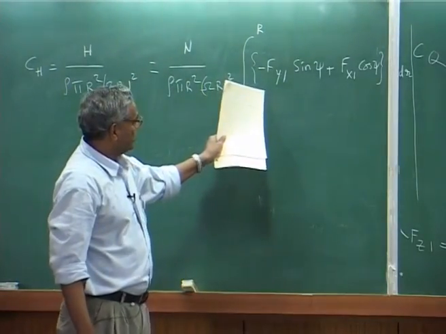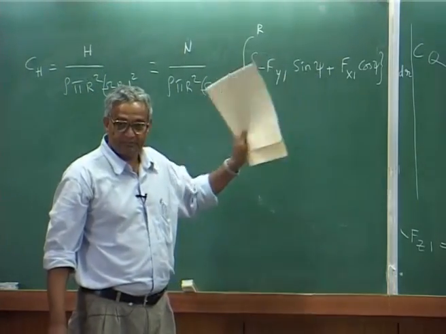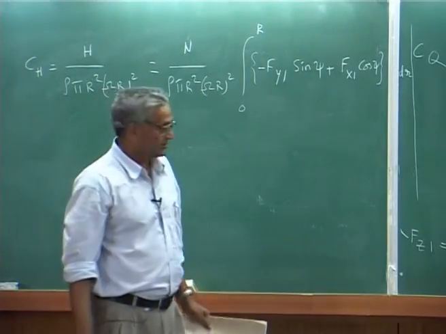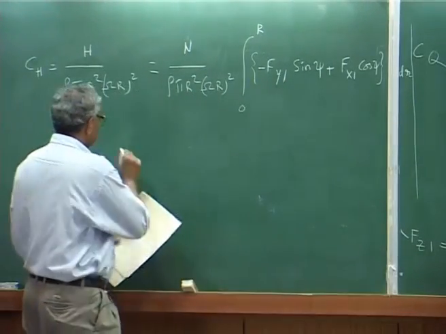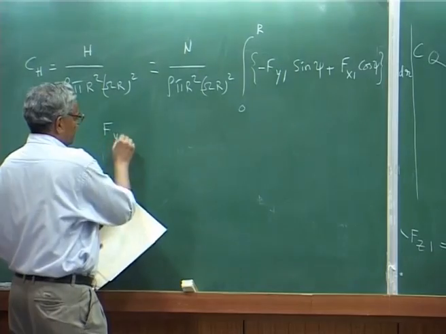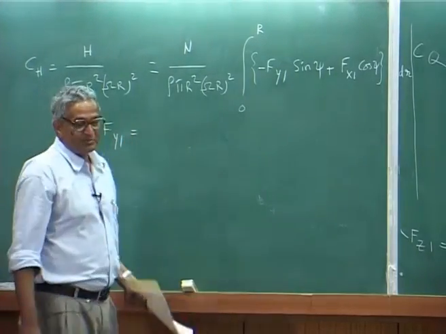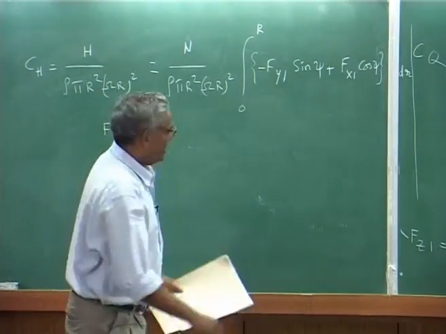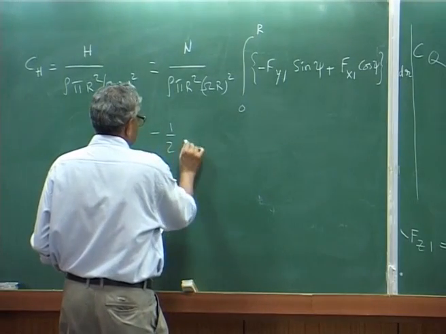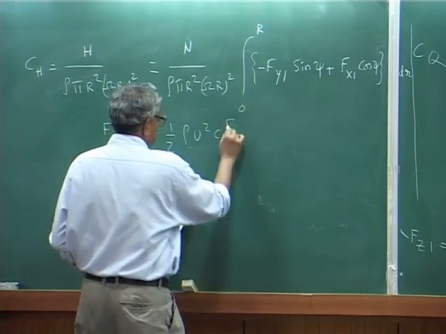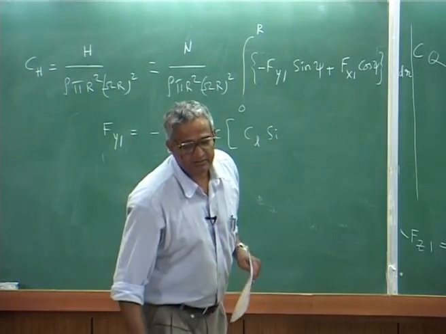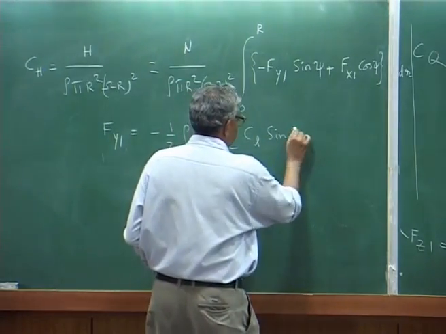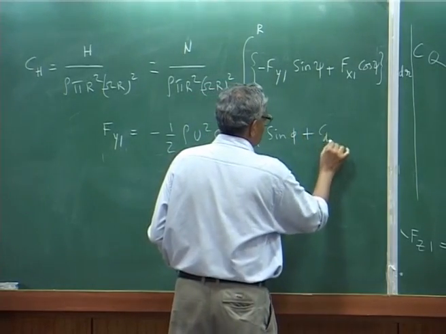You know F_y1, F_x1, please understand, F_y1 we wrote earlier, that is minus half rho u square c, C_l sin phi plus C_d0 cosine phi.